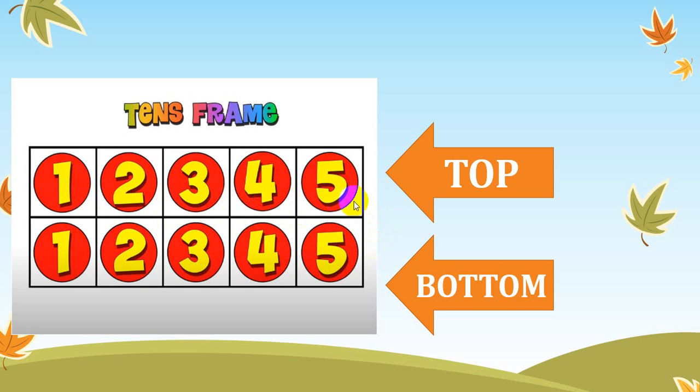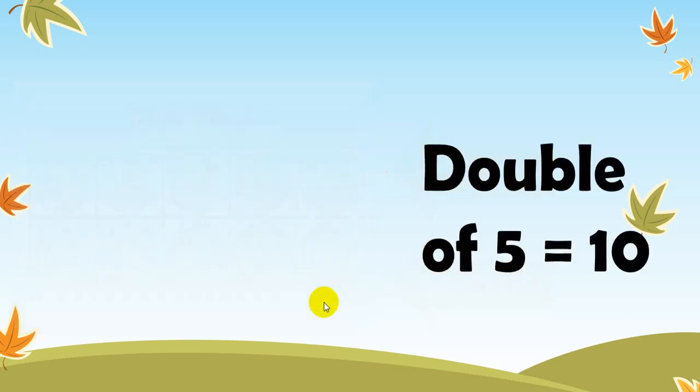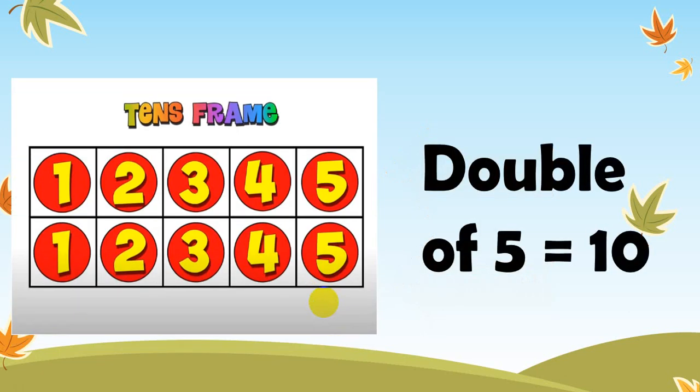What comes after 5? 6, 7, 8, 9, 10. So the total of all these makes 10. Yes, my 10 frame is fully covered, so it makes 10 counters. So I can tell easily that double of 5 is equal to 10.